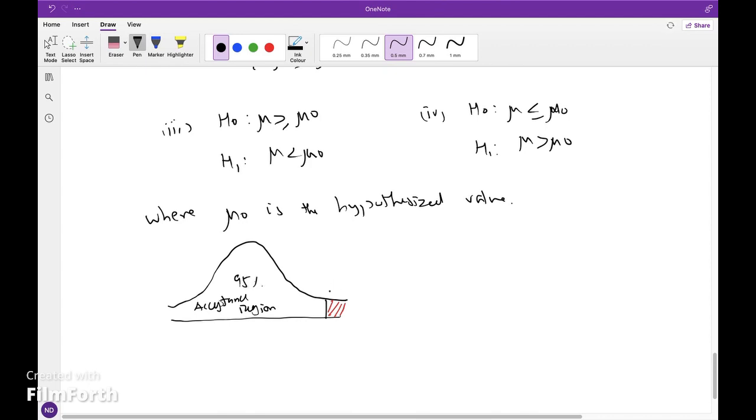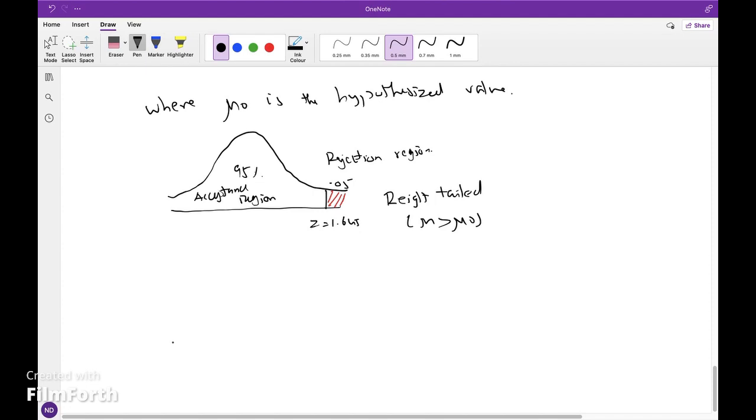This one is 0.05 rejection region. Here Z is equal to 1.645. Then it's right-tailed, that is mu is greater than mu naught. This one.